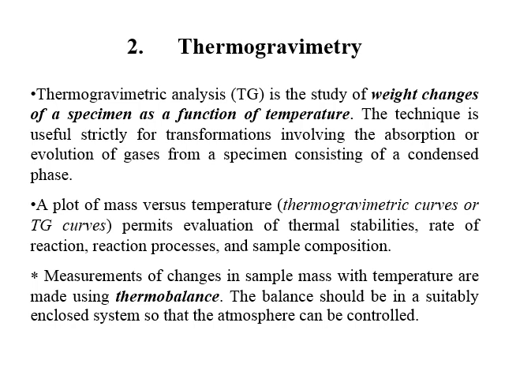As we already established, this is pretty much for the decomposition and in some cases oxidation of a sample. Measurements of the changes in sample mass are made using a thermobalance while simultaneously, in a predictable manner, increasing the temperature. Sometimes this balance is enclosed in a closed system so that we can control the atmosphere.